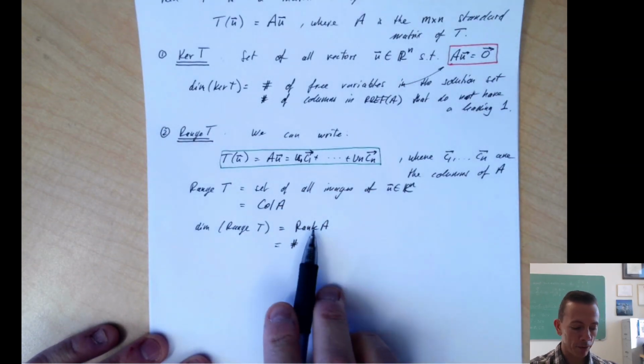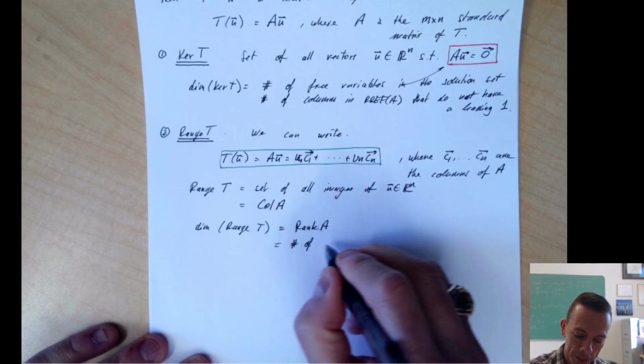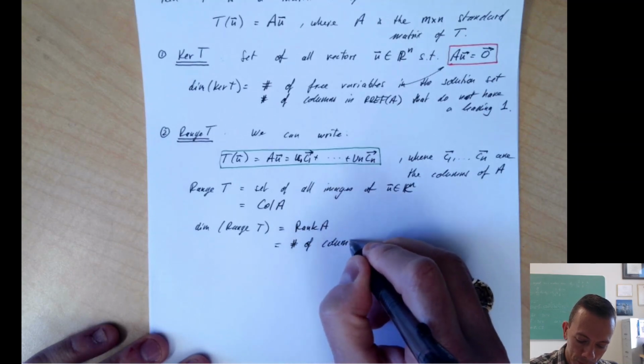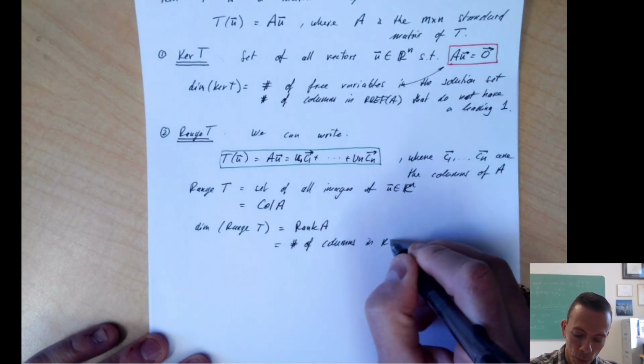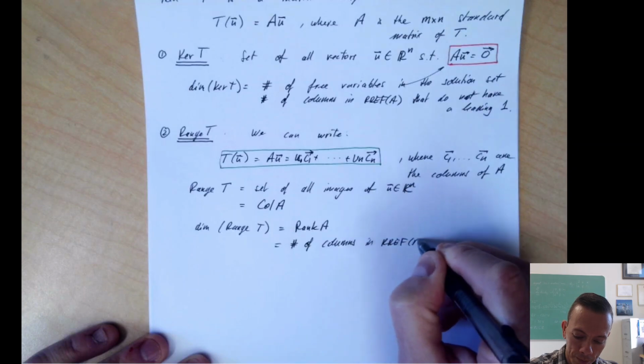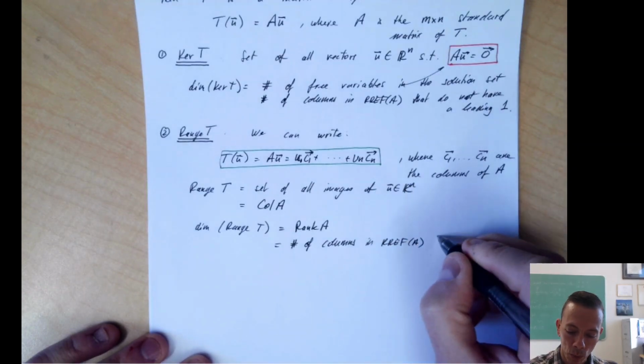And the rank of A, if you remember, is the number of columns in the row reduced echelon form of A that have a leading one.